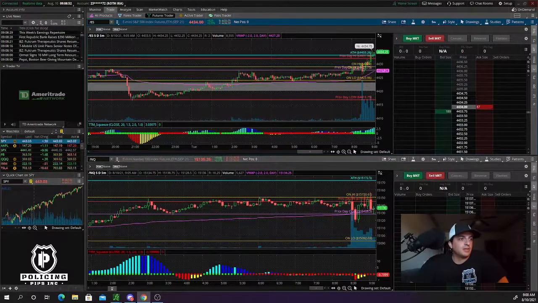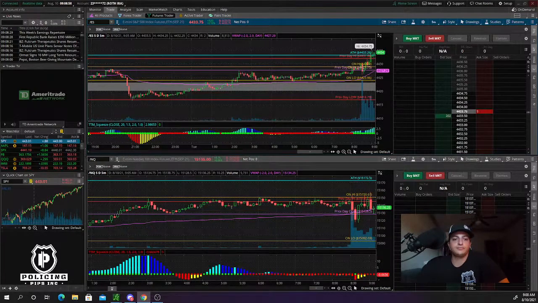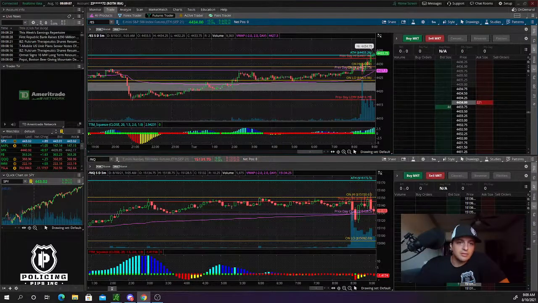S&P is pushing up again. Nasdaq's rejecting that previous day low, taking that one more shot at it. Not happening. I'm gonna close this soon.